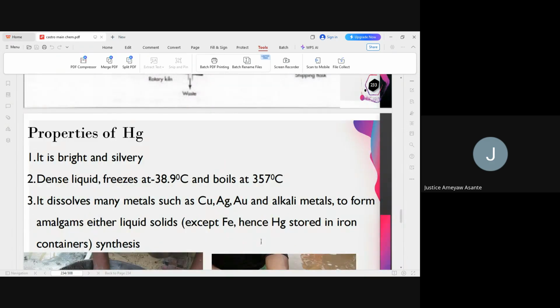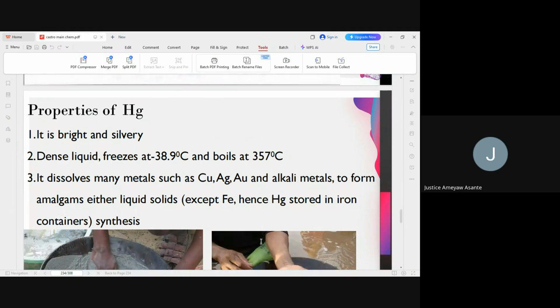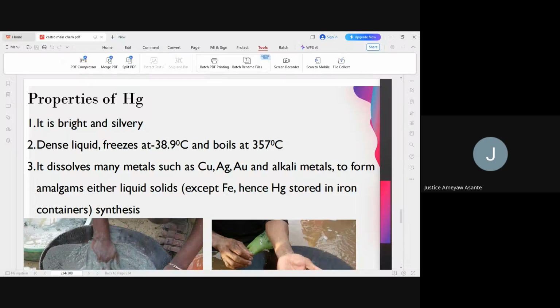Properties of mercury. It is a bright, silvery, dense liquid. It freezes at negative 38.9 degrees Celsius and boils at 357 degrees Celsius.